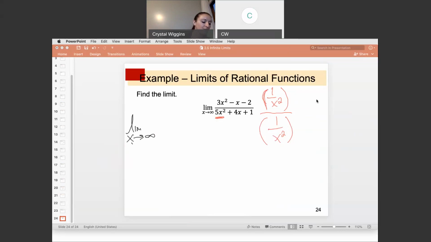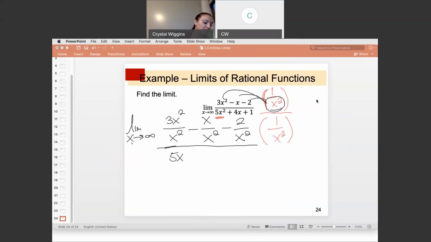But we'll have 3x squared over x squared minus x over x squared minus 2 over x squared, because we multiplied dividing by x squared through the numerator. Same thing for the denominator. So this is all over 5x squared over x squared plus 4x over x squared plus 1 over x squared.